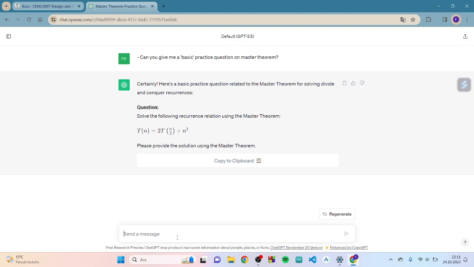First, I ask about the formula for T(n): is this true, is it the true formula?